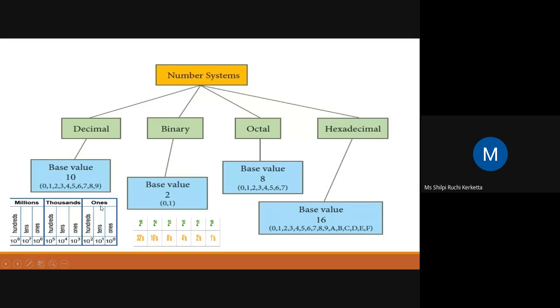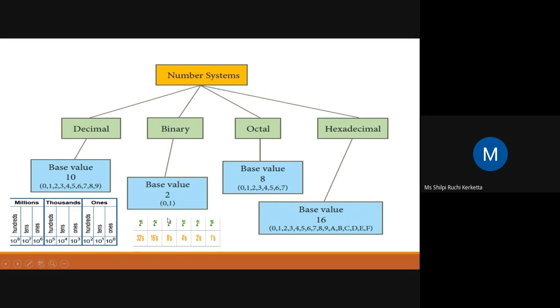We might have studied ones, tens, hundreds. So what does it mean? Ones means 10 to the power 0. We start from the right hand side and write 10 to the power 0, 10 to the power 1, 10 to the power 2, and like that. We first start with the ones, and when that is completed, from 0 to 9, we go to the tens.